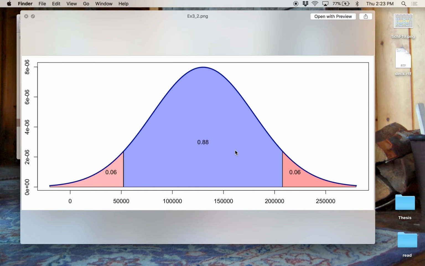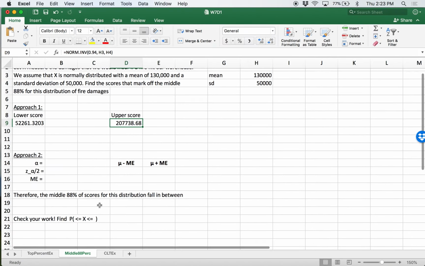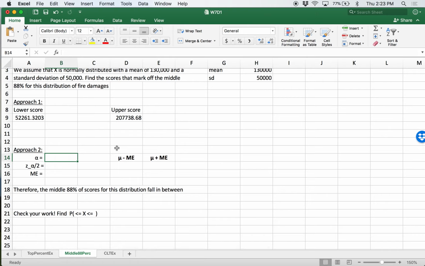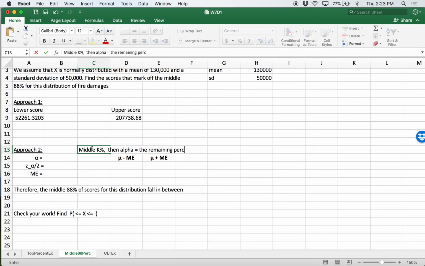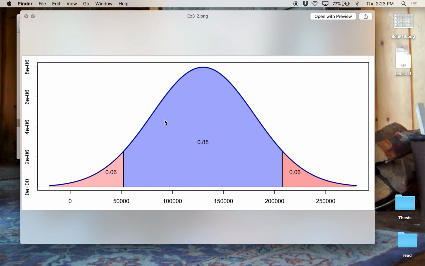Okay? So using our approach, we need to define what alpha is. If we're dealing with a middle k percent, then alpha is essentially going to be the remaining percentage. In our case, k is equal to 88%, so alpha is going to equal 12%. I talked about this when we were filling out this picture.